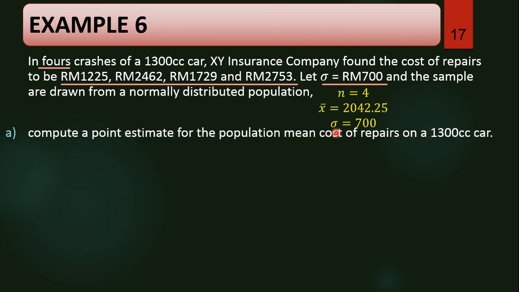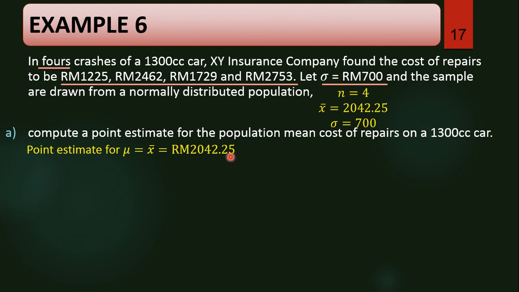So then, complete the point estimate. To estimate the population mean cost, meaning to say that now we calculate the population mean by using the sample mean. So we can say that here mu is equal to 2042.25 ringgit.